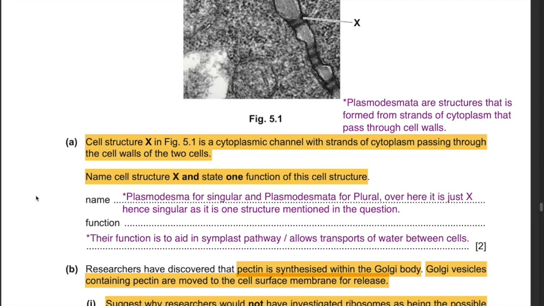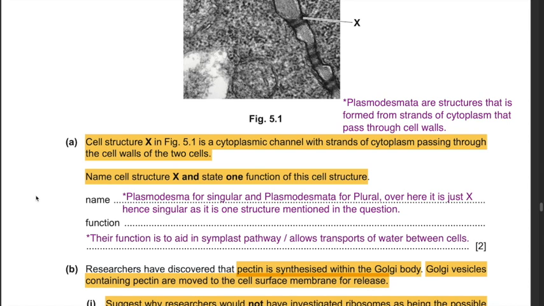Therefore, cell structure X should definitely be plasmodesma because it is singular, whereas plasmodesmata is plural. The question clearly mentions the structure being singular, therefore you have to write plasmodesma.